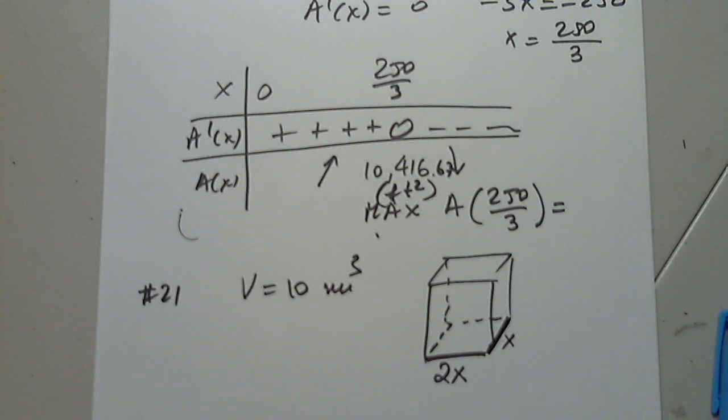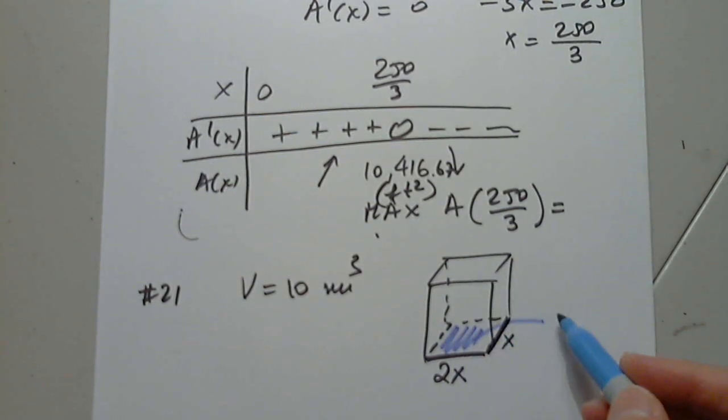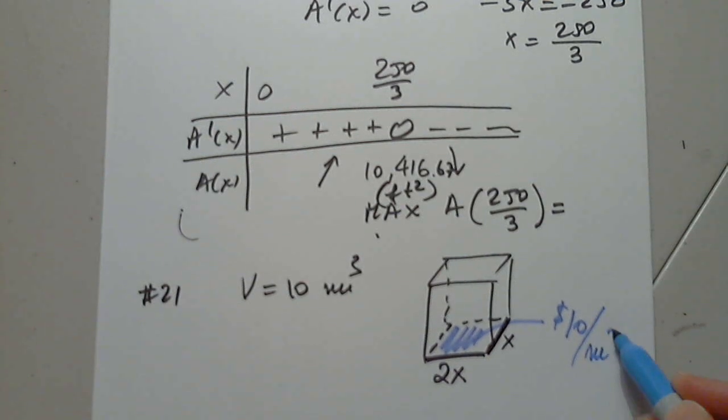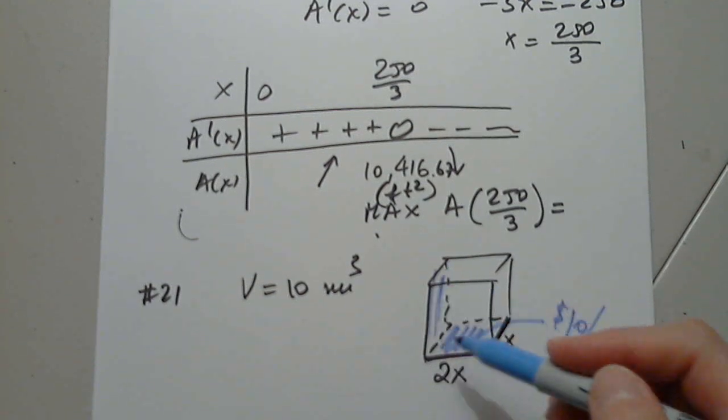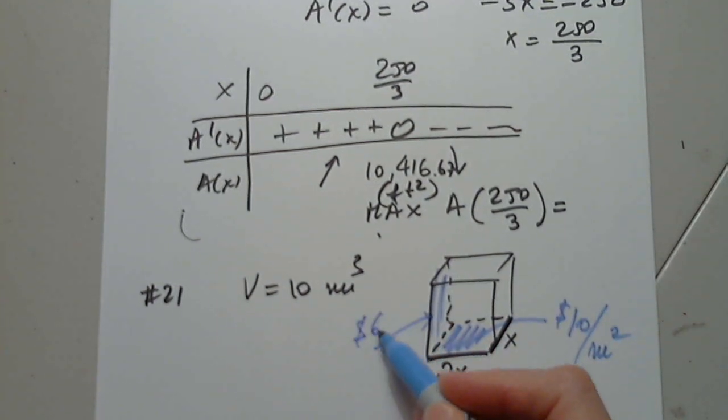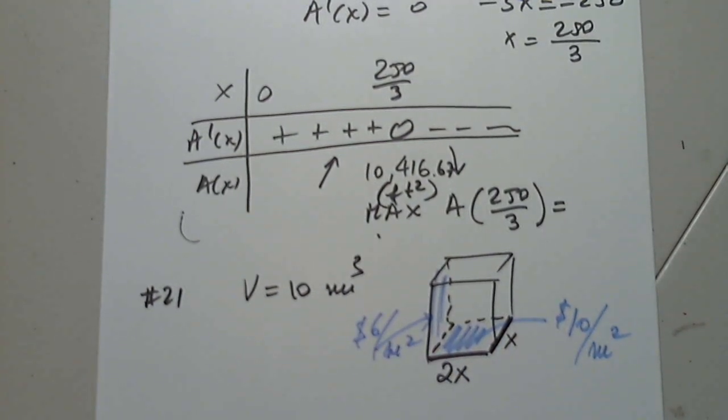We read again. Okay. Material for the base costs $10 per square meter. Okay. Material for the sides costs $6 per square meter. Okay.